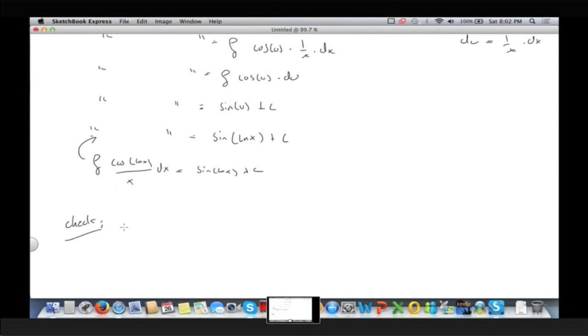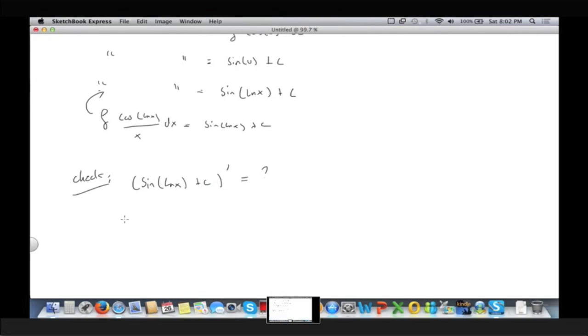Let's check that. So chain rule. Derivative of sine is cosine.